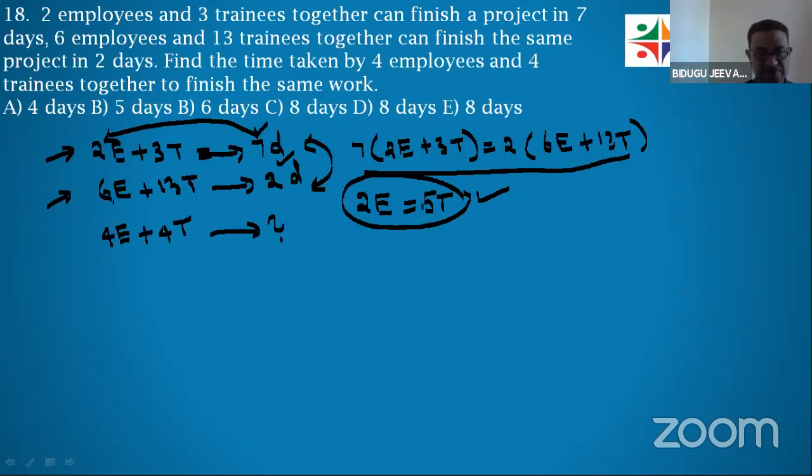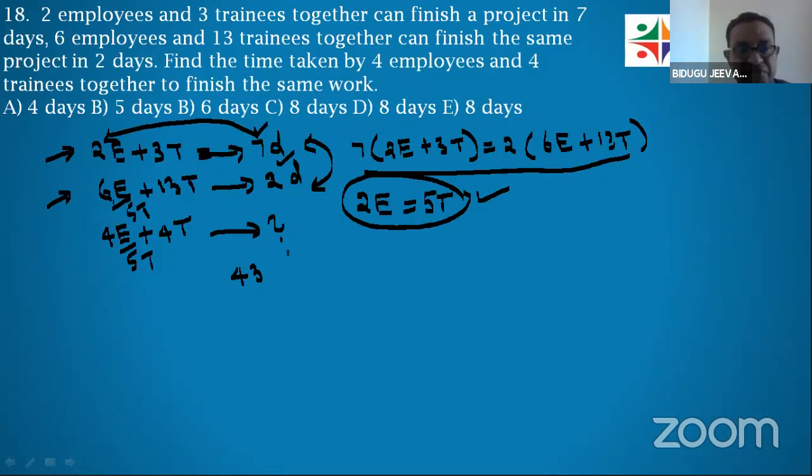I hope you understood. Yes, please. Great. Let me substitute 5t wherever the employees are there. I'll write 5t. Let me continue. 30 plus 13, 43, right?